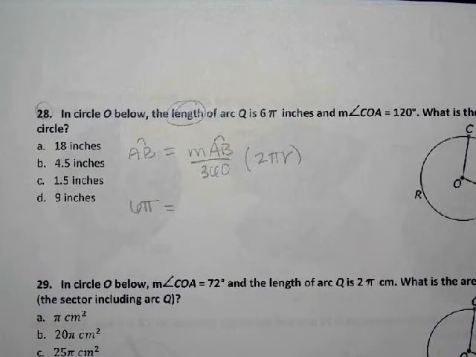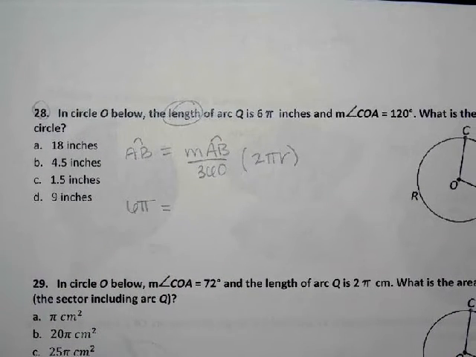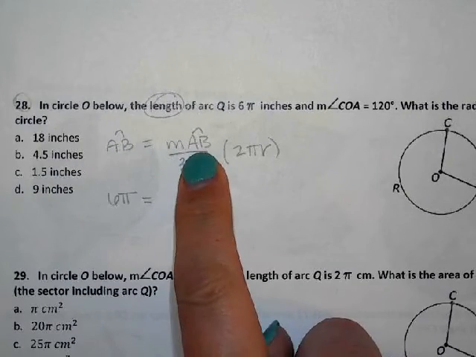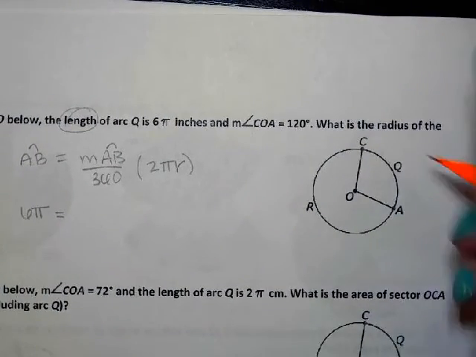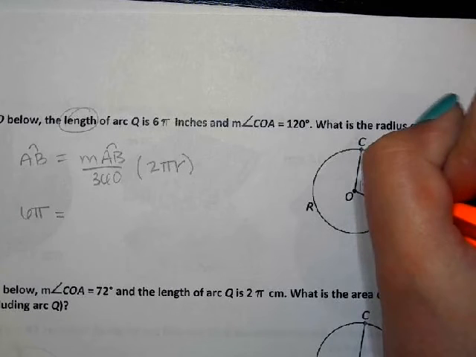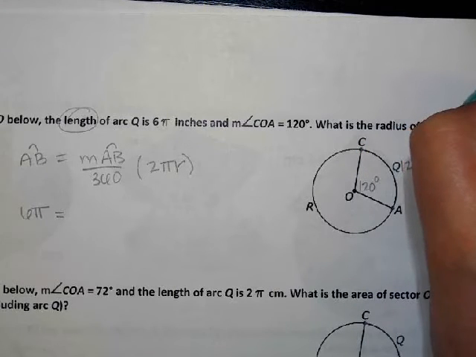So if I wanted to label that in the picture, I could. This is 120 degrees right here. That means that this is also 120 degrees. They're exactly the same. So 120 degrees divided by 360 degrees.